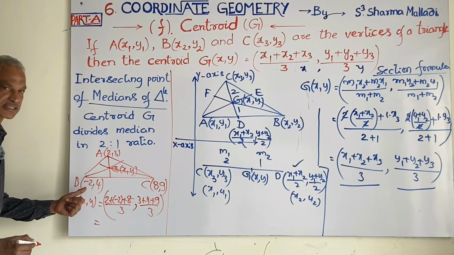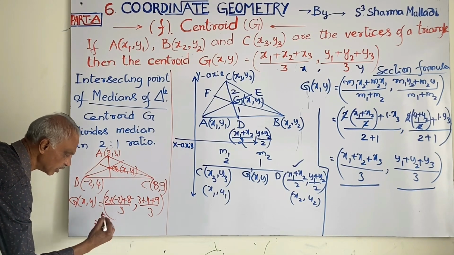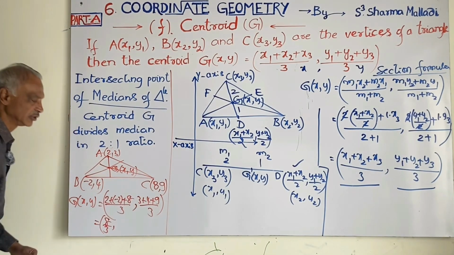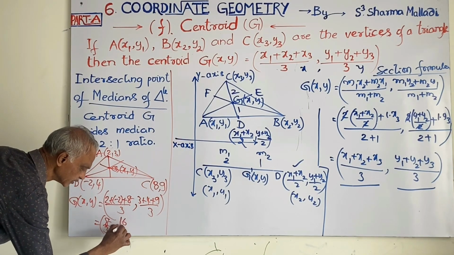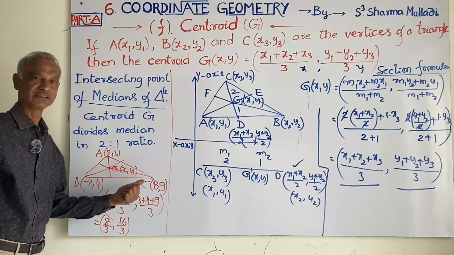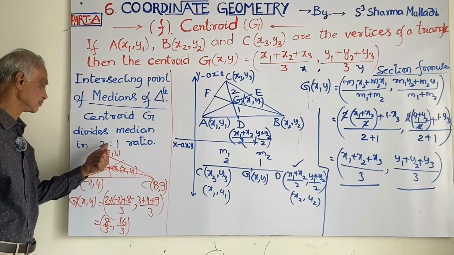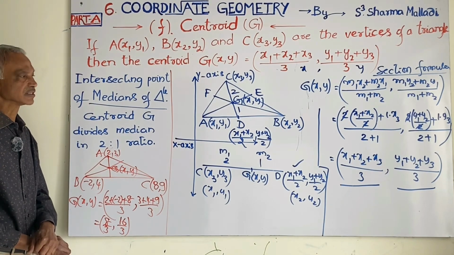Plus 2 minus 2 cancel and you will get 8 by 3, comma, 3 plus 4 is 7, 7 plus 9 is 16 by 3. So the centroid of this triangle will be 8 by 3 and 16 by 3.